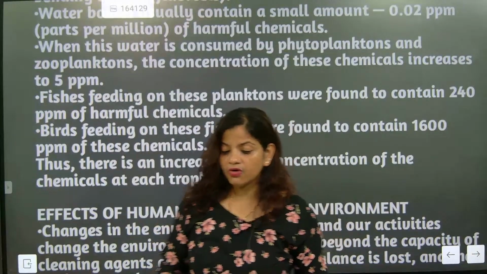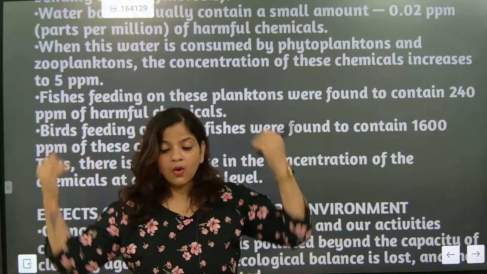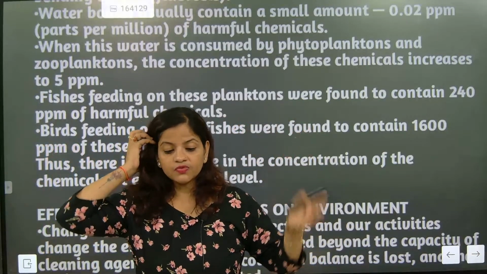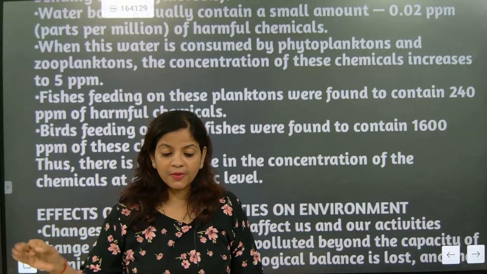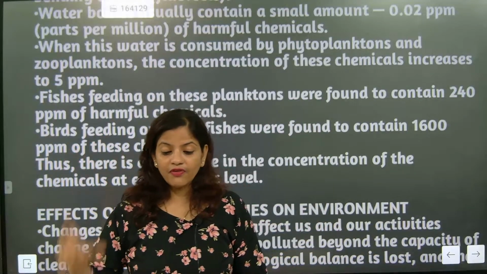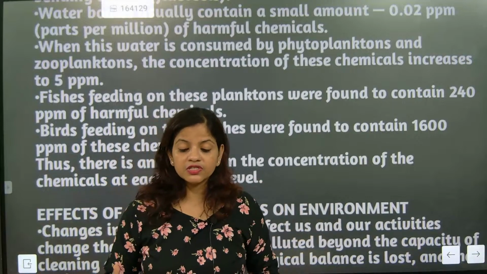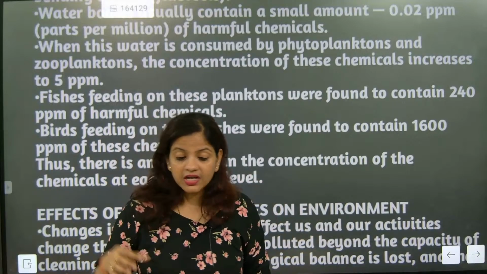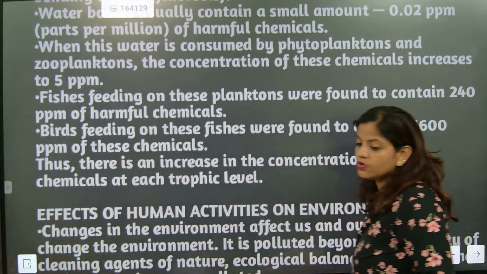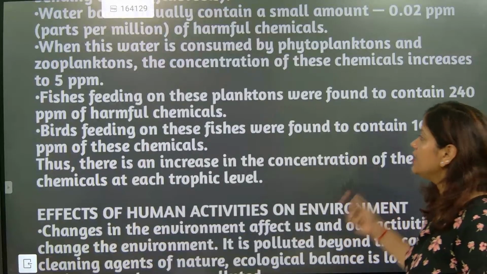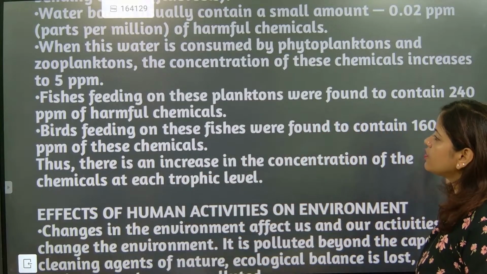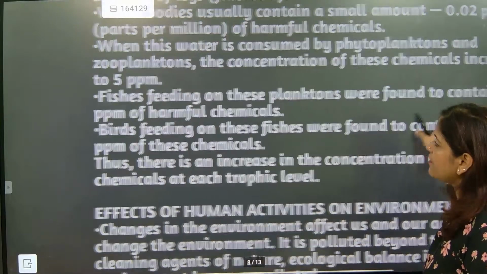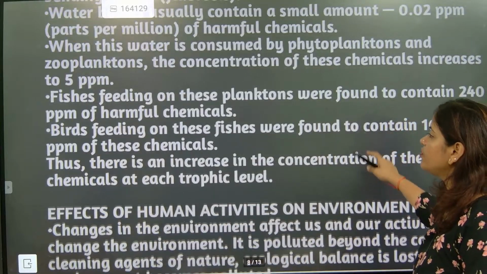Water has only 0.02 ppm, but the zooplanktons or phytoplanktons are eating this water continuously, so definitely their ppm will rise to 5 ppm. Now the fishes are eaten by bigger organisms, and the fishes have 240 ppm of harmful chemicals.